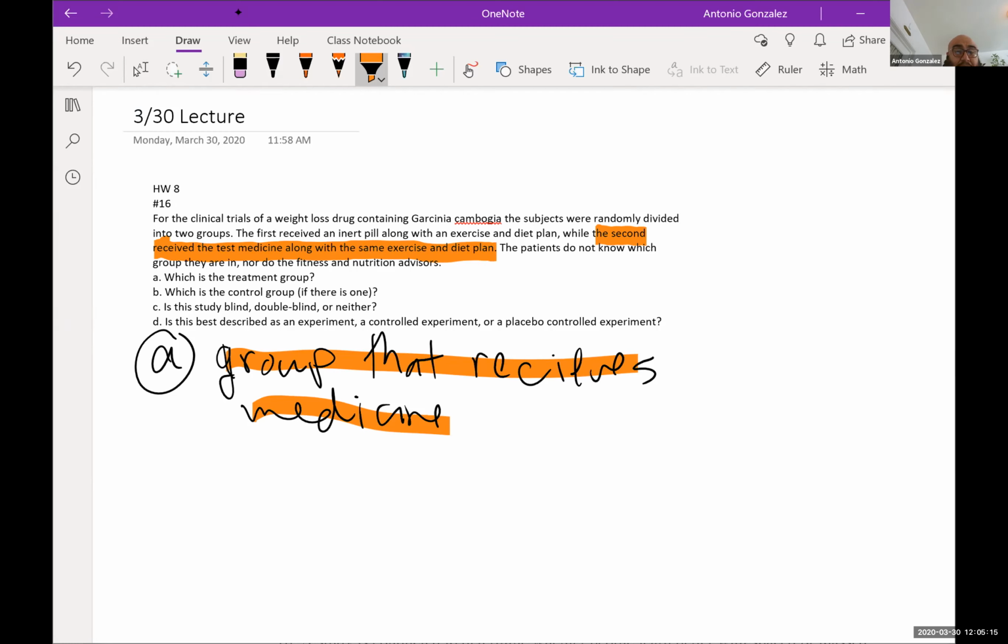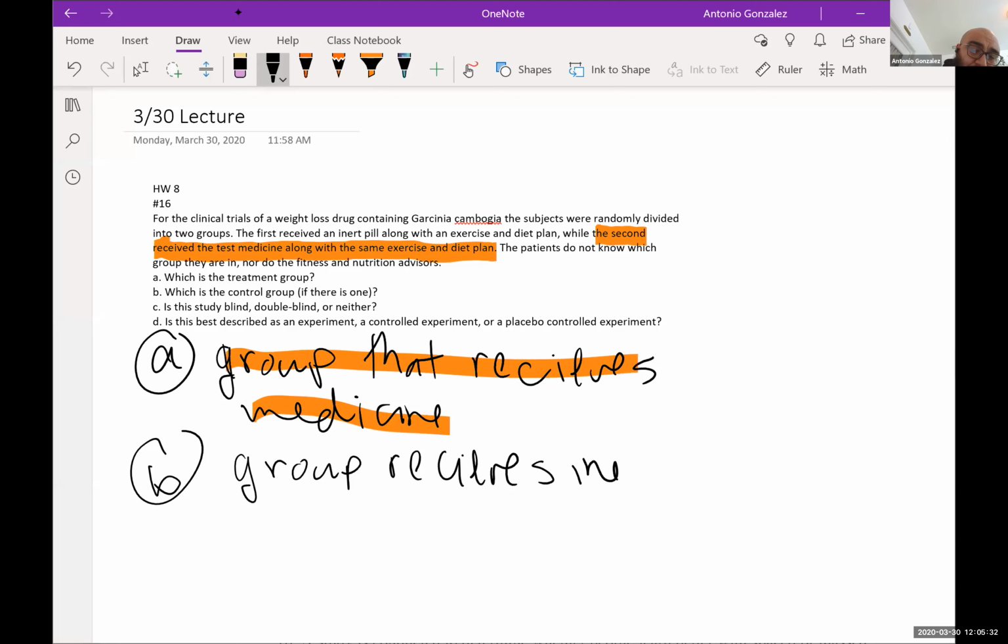All right, now if we look at B, it says which is the control group, if there is one, right? Now in this case, there is a control group, right? The control group is the group that receives the inert pill. I assume that inert means it really is not gonna do anything. Right, it's some kind of sugar pill, right?